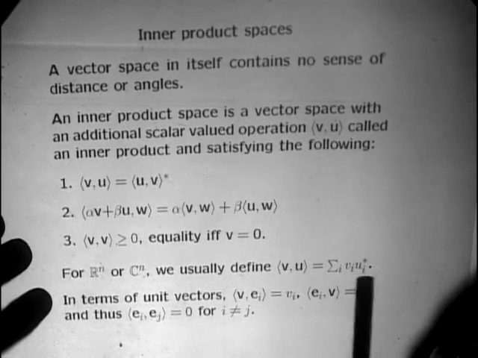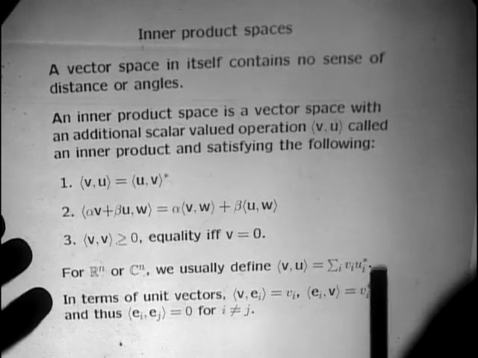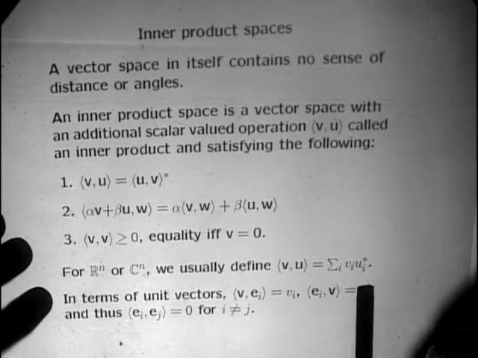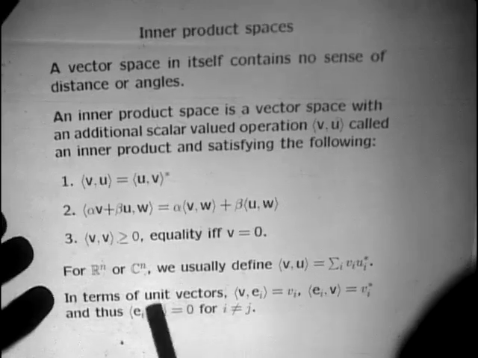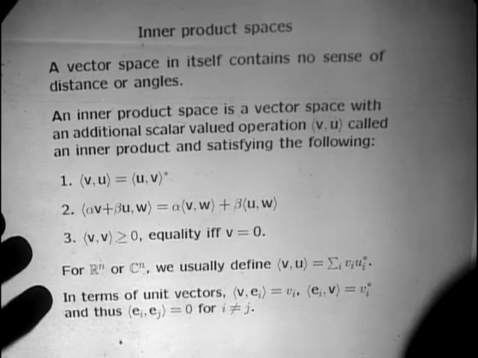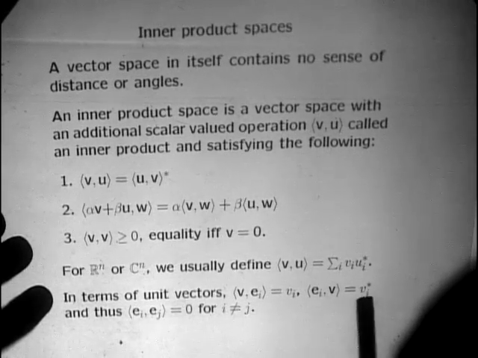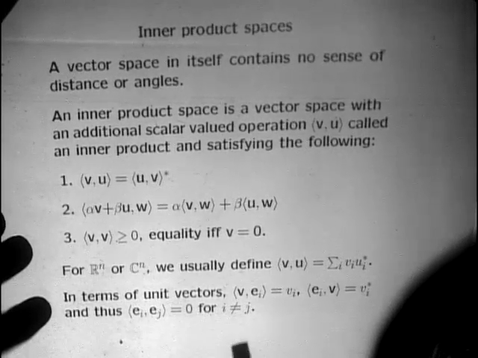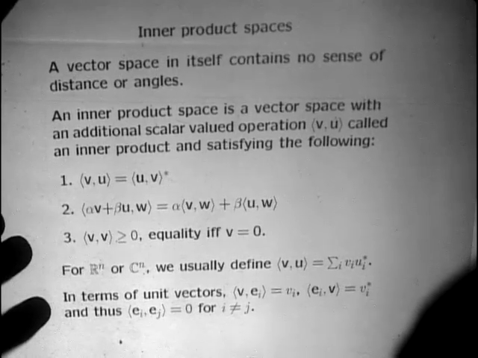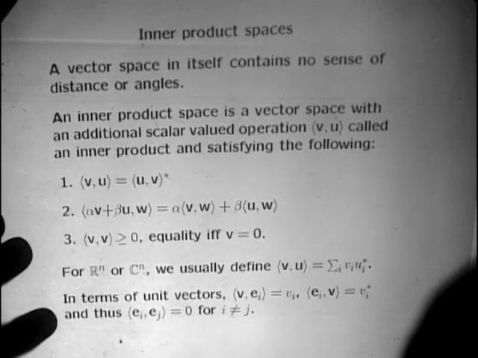That's what this formula says, because E sub i is this vector U in which there's a 1 only in the ith position and a 0 everywhere else. So the inner product of V and E_i is always V_i, and the inner product of E_i and V is always V_i complex conjugate. Again, this Hermitian nonsense that comes up to plague us all the time.